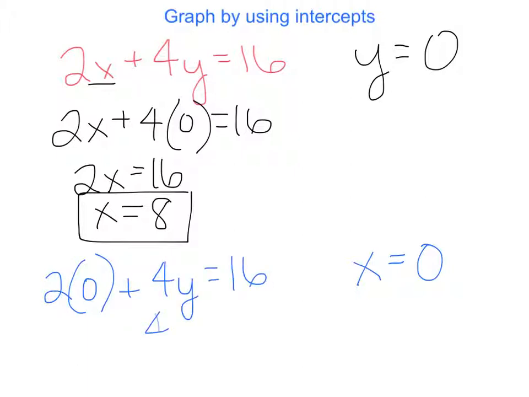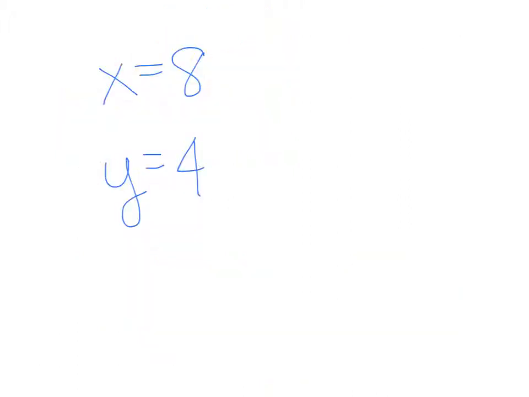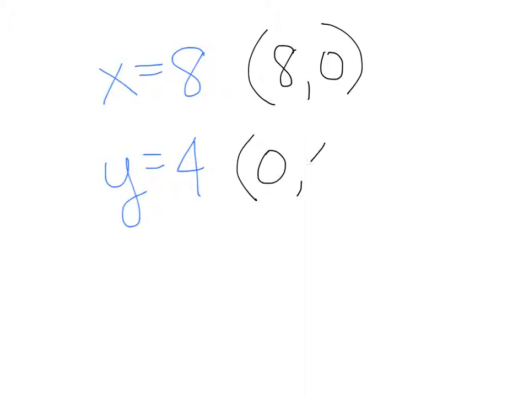So then you're left with 4y equals 16, and your y is 4. So when you write your coordinate points, you would have (8, 0) to represent the x-intercept, and you would have (0, 4) to represent the y-intercept.